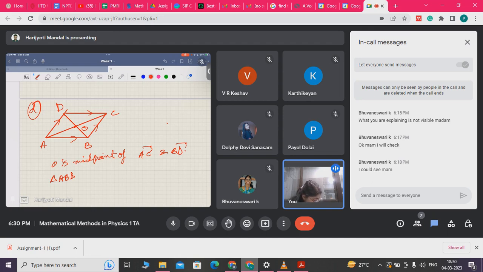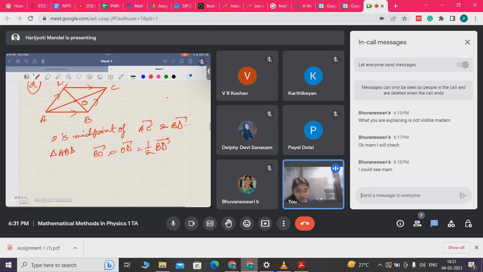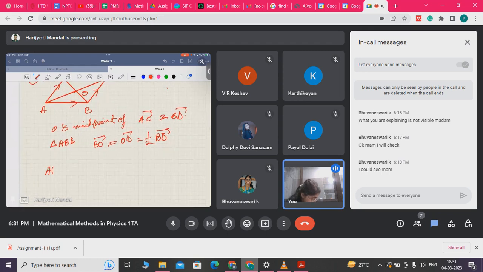First we will consider the triangle ABD. Here O is the midpoint of BD, so BO is equal to OD is equal to half of BD. There is a theorem called Apollonius theorem, which is kind of a Pythagoras theorem.